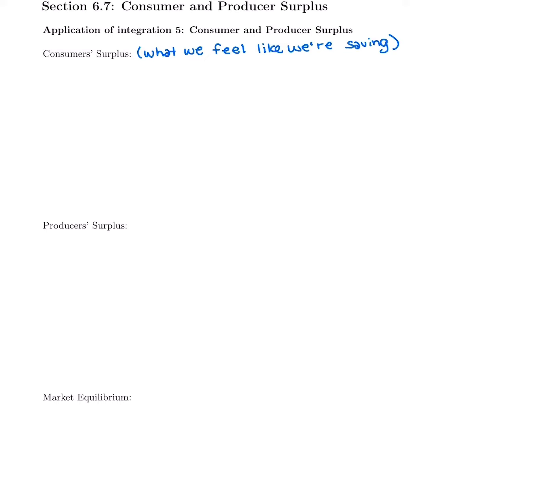So thinking just in terms of real life first, before we put a complicated integral formula next to it, when we buy anything, there's an amount we're willing to pay.